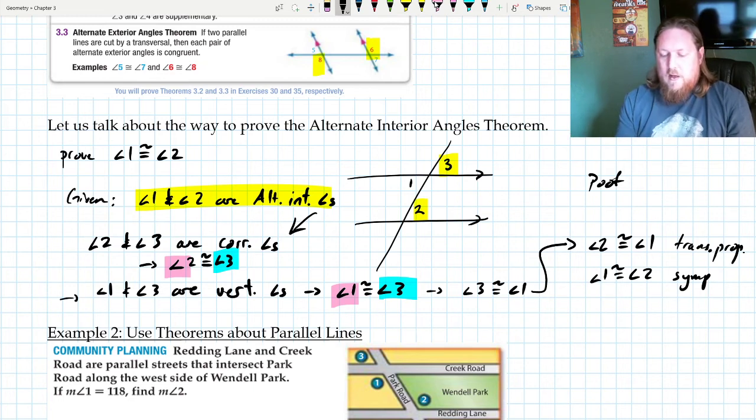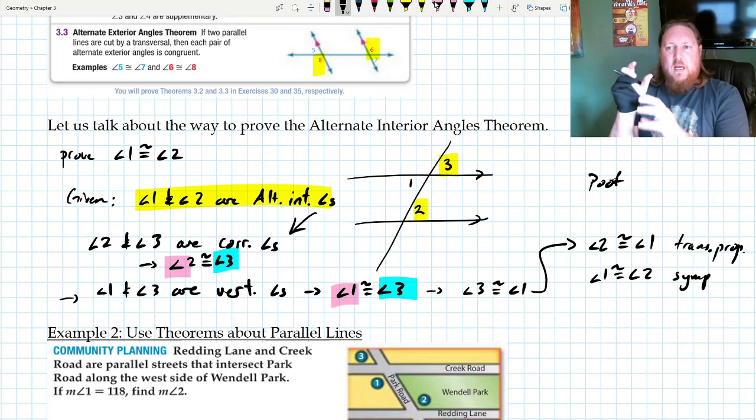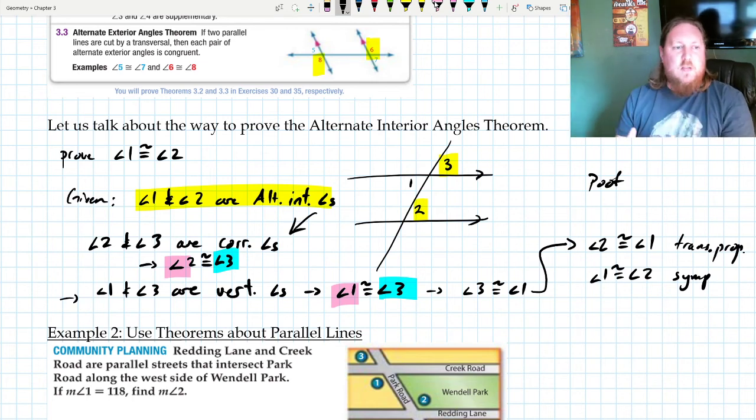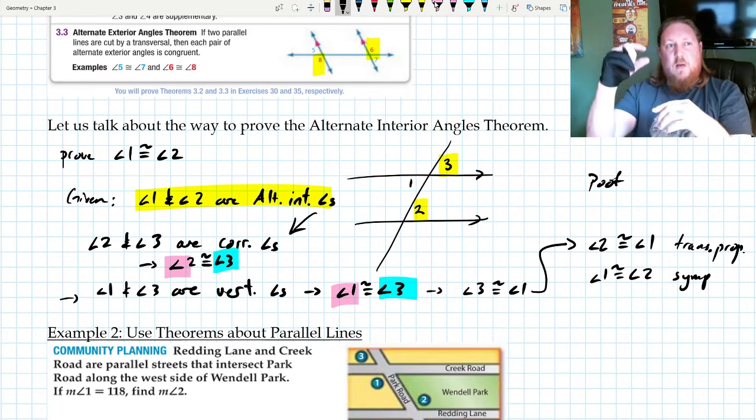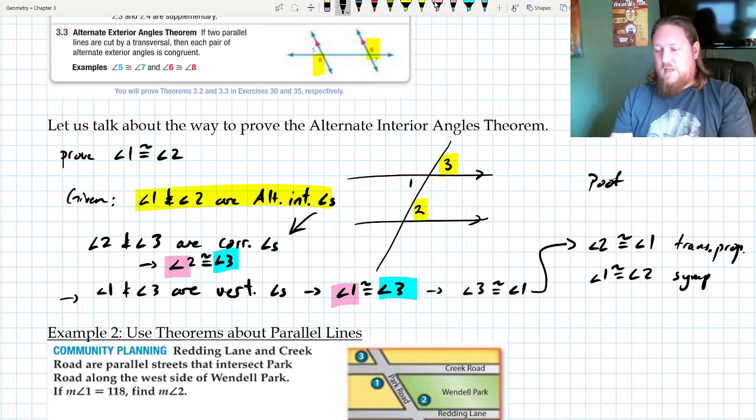And then I move down, and you can see I just keep following my logic down, and what I'm doing is making an outline for my proof, just like I would make an outline for writing an essay. Here's my idea. Here's some of my supporting arguments. Here's some evidence for each one of those arguments, like transitive property, symmetric property. And then when I get all the way down, I've got the conclusion. So this is basically just writing the outline for the proof, like you were writing an outline for an essay.